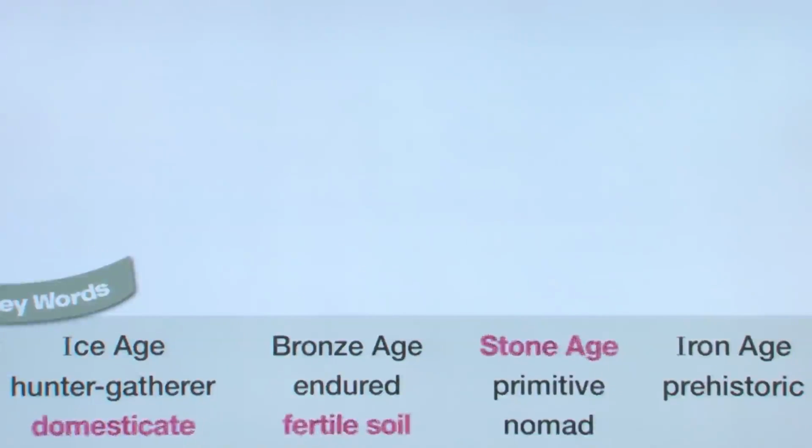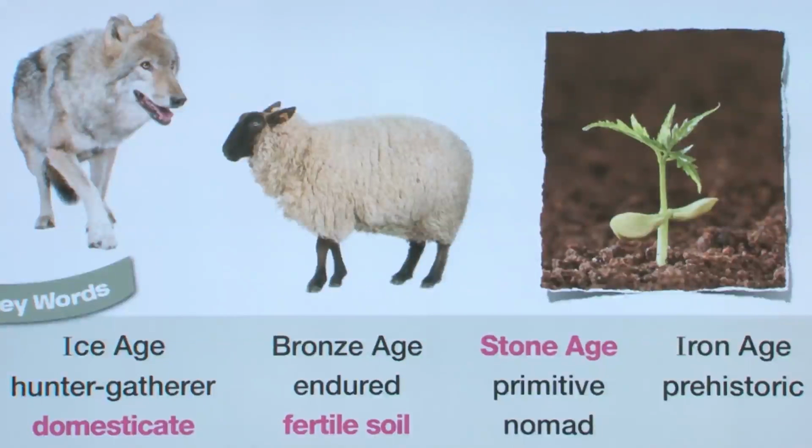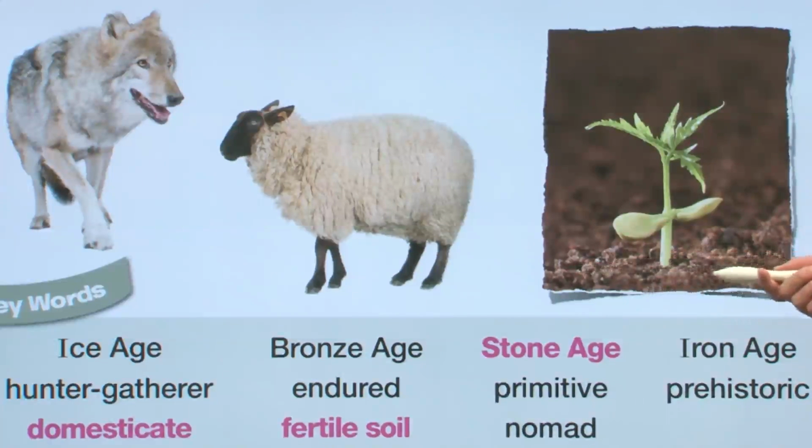Now on to our next batch of words. Here we have a wolf, a sheep, and a small plant. A very nice plant. It was during the Stone Age that people started to grow plants and have farms. The Stone Age is a period that existed from around 2 million BC, like we just talked about before, and existed till around 3000 BC, a very long time period.